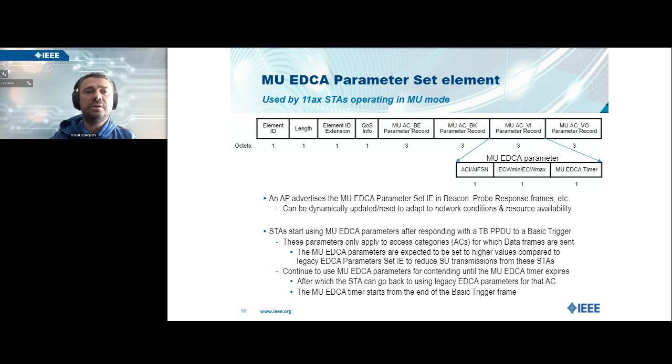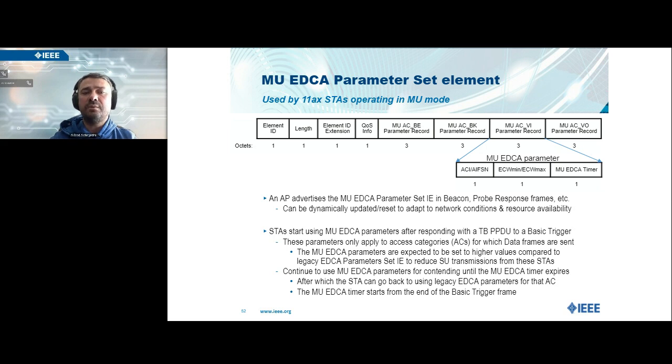The station in general enters the MU-EDCA parameter mode, if you will, after responding to a trigger frame with a data frame from the access category for which it receives a successful response. So if your data for a particular AC is successfully received by the access point, then you enter the prioritized mode for an amount of time specified by the MU-EDCA timer.